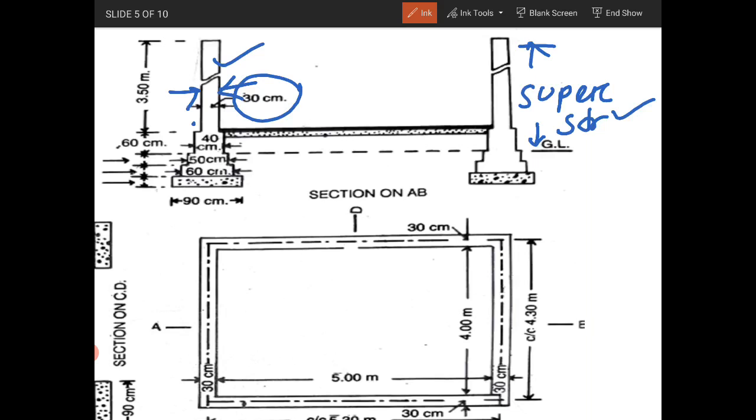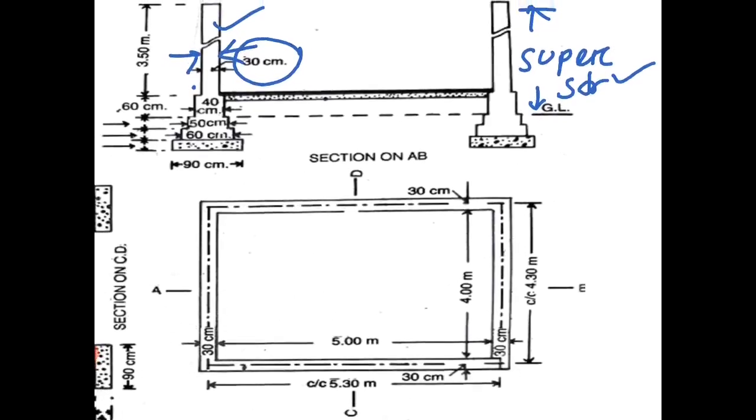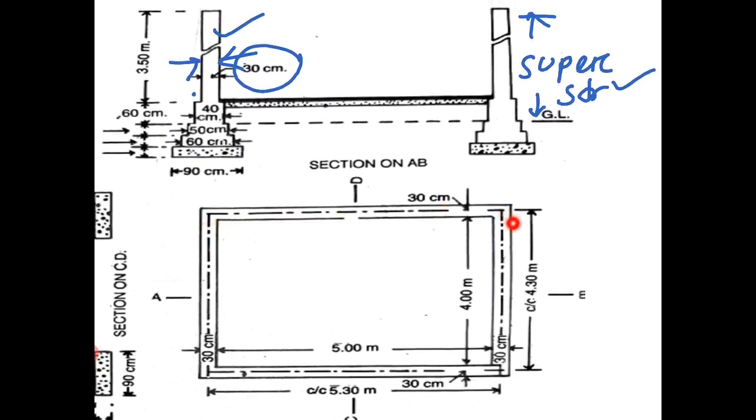This is the plan of a 30 centimeter wall, so nothing extra to do. We simply have to find the center to center length and the out to out length of the long wall, and the in to in length of the short wall.